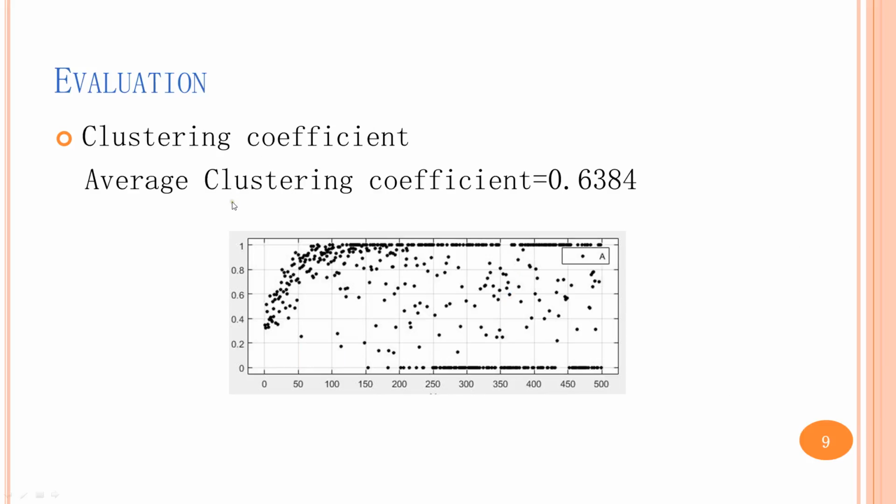The average clustering coefficient is about 0.63. Yes, 0.63. It's a relatively big number. Together with the small average shortest path of this network, we know it gives a feature of a small world network.